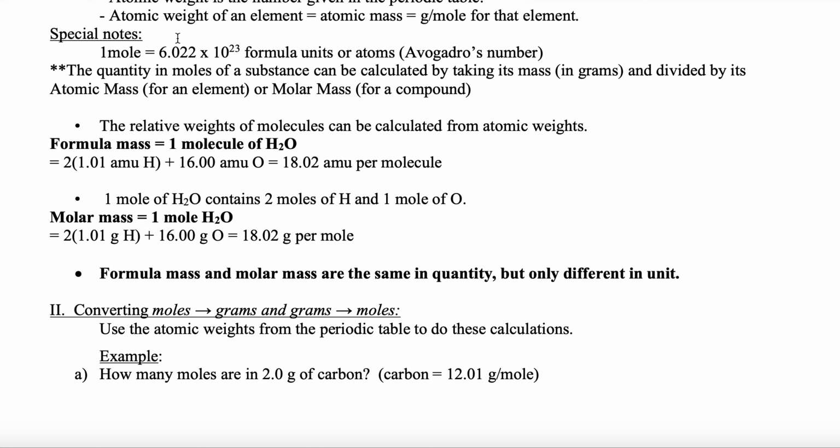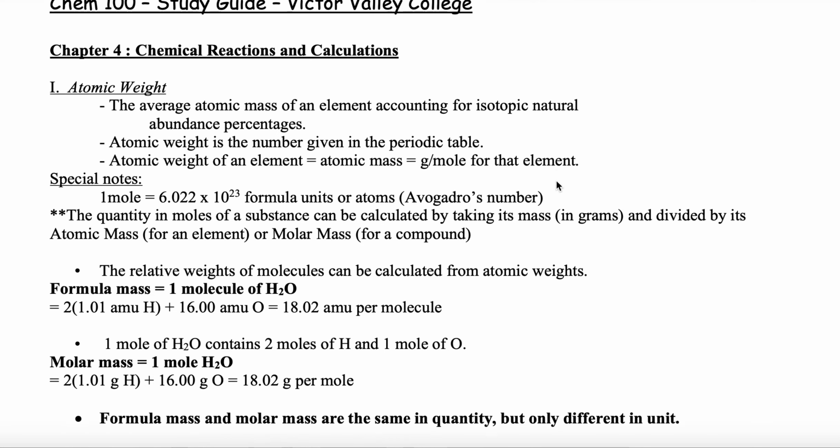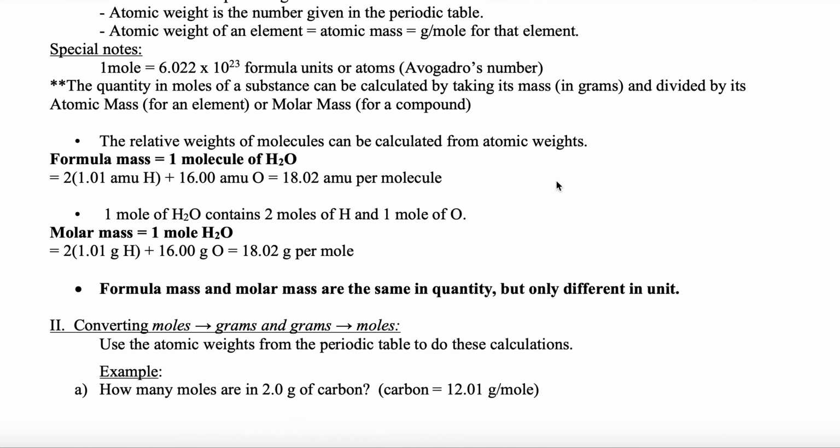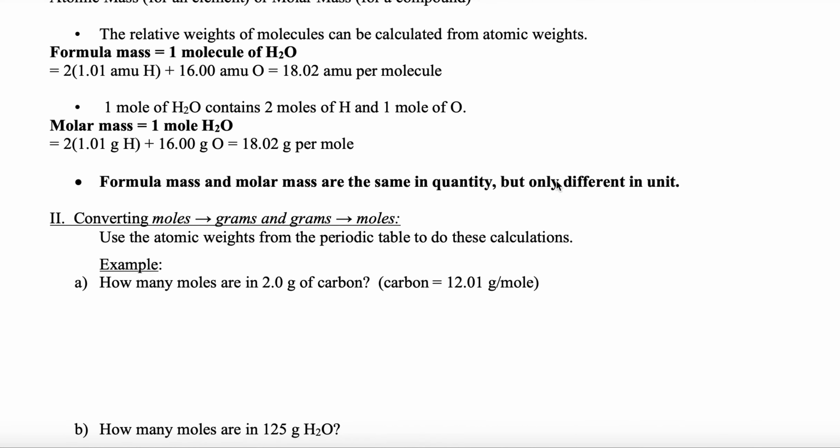It's like a dozen is 12, a mole is a lot. It's Avogadro's number, 6.022 times 10 to the 23rd power. So that's molar mass. Atomic weight is for an element, an atom. Molar mass is for 1 mole of a compound.